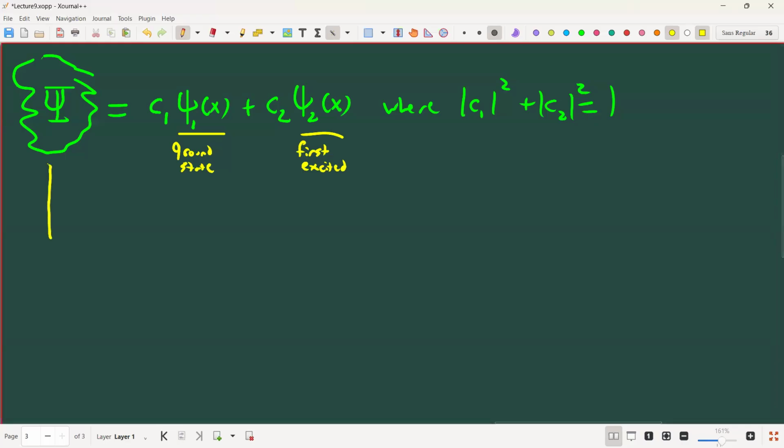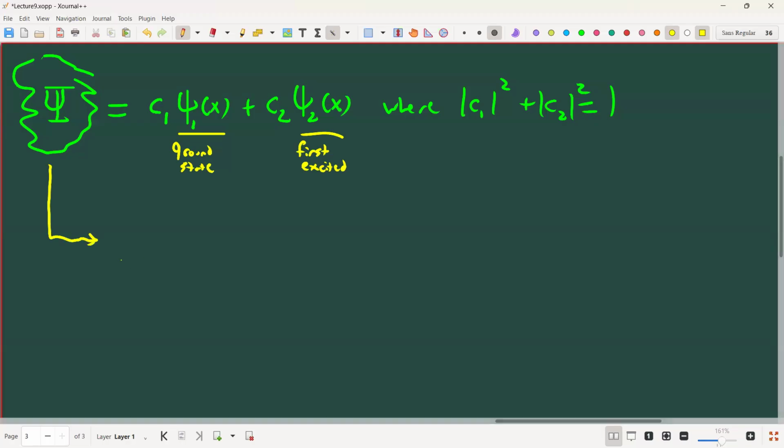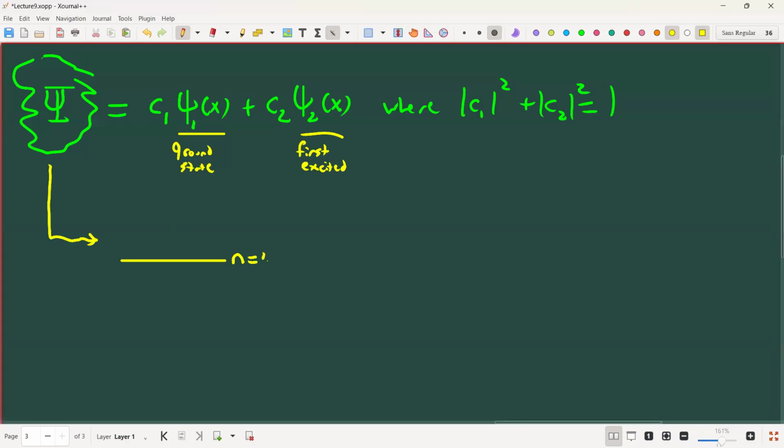The way that I would draw this with an energy diagram, of course, is I have a state here, n equals 1, at energy E1, and I have the state n equals 2, at E2.